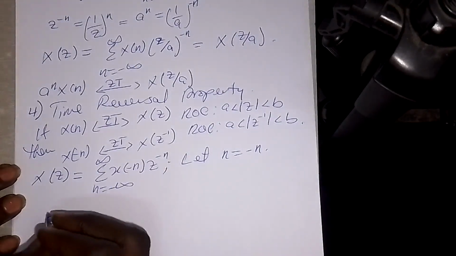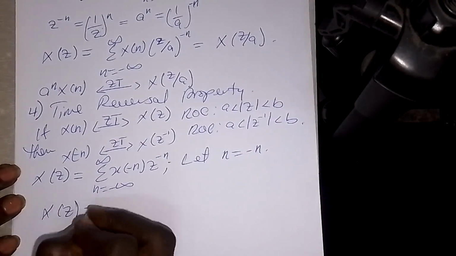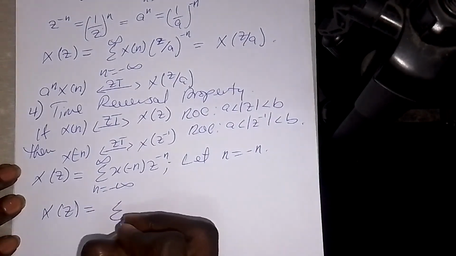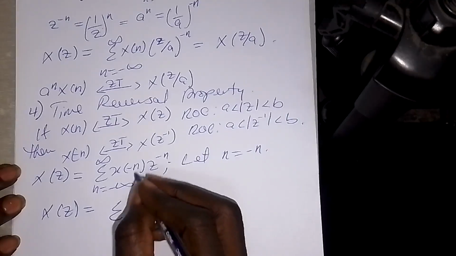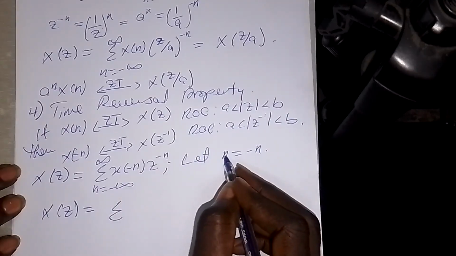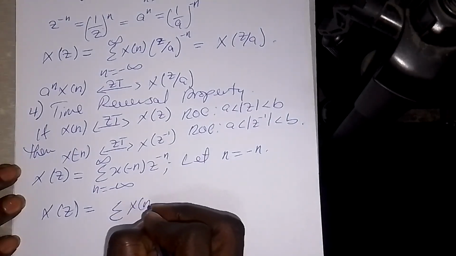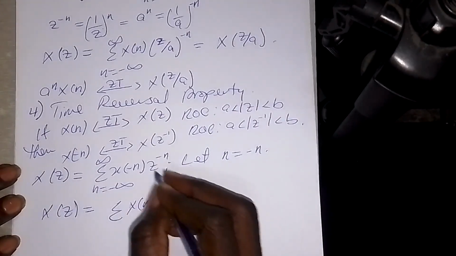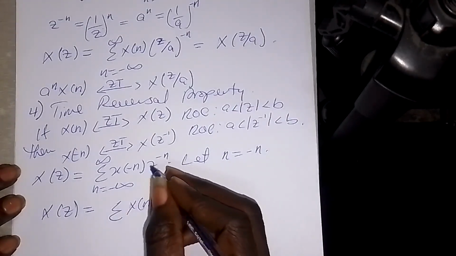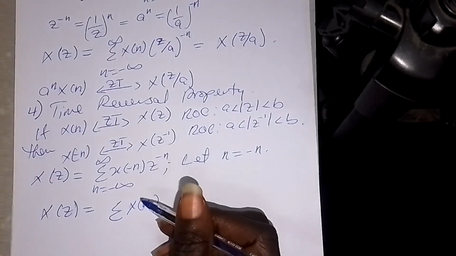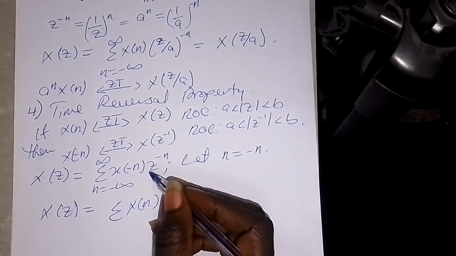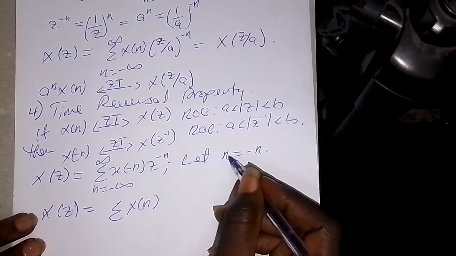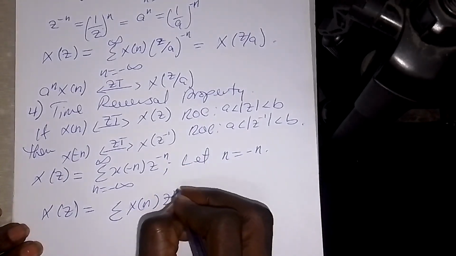If I do that, then X of z is going to be equal to the summation, let me leave my limit right now, of x of n, and here it is also going to change because n is equal to minus n.